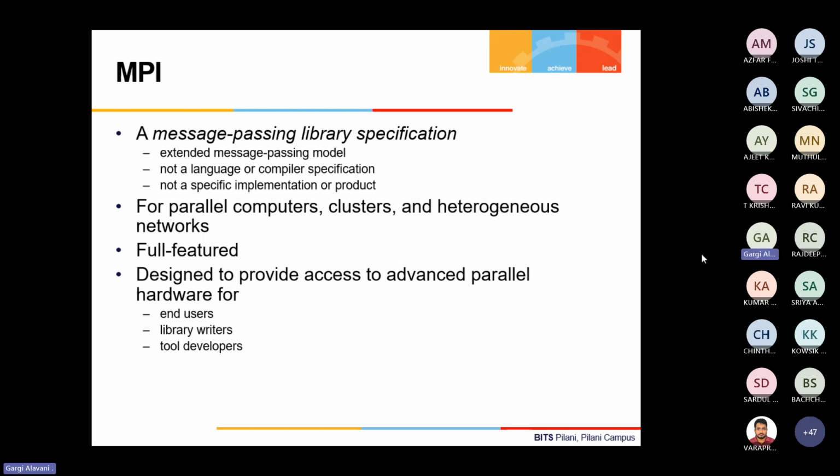So with OpenMPI, as we said, you can communicate between different systems which are linked through a network. As you all know, the course is Introduction to Parallel and Distributed Computing, and through MPI we will learn distributed computing.